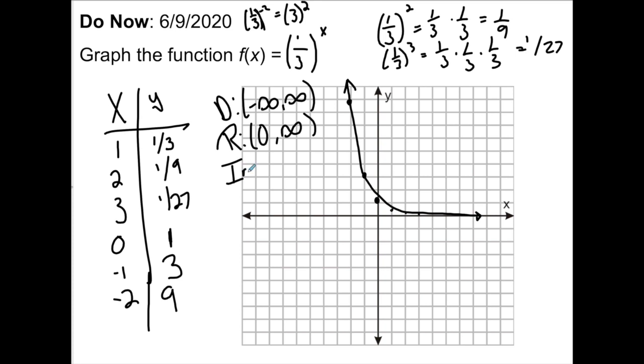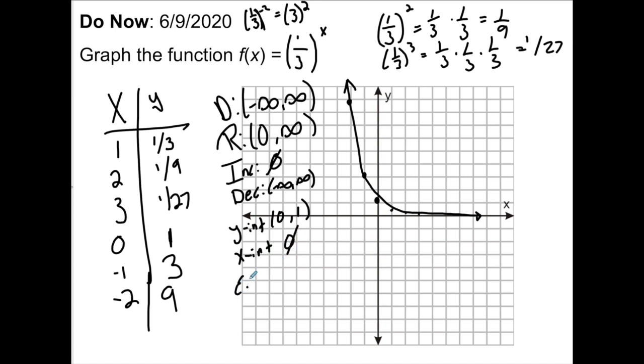Where is it increasing? Well, this one's actually increasing nowhere. This function never increases. In fact, this function always, or from -infinity to infinity, is decreasing. Okay, it's got a y-intercept of (0, 1), and this one actually has no x-intercepts.